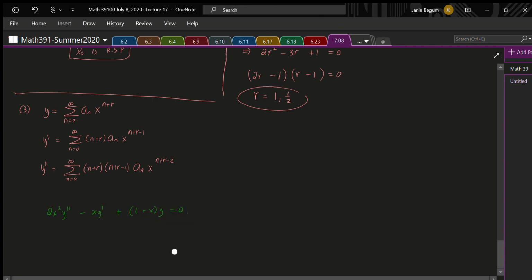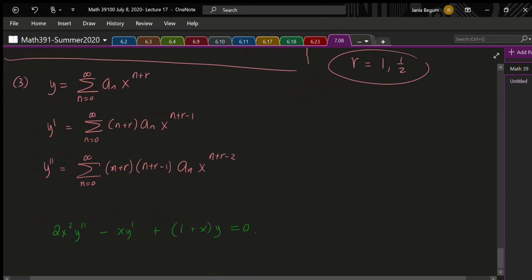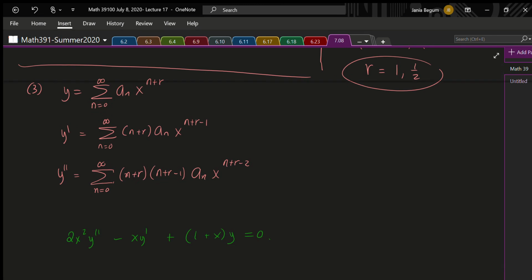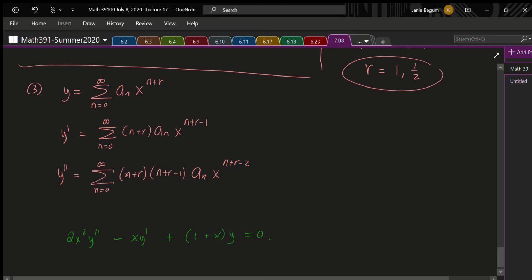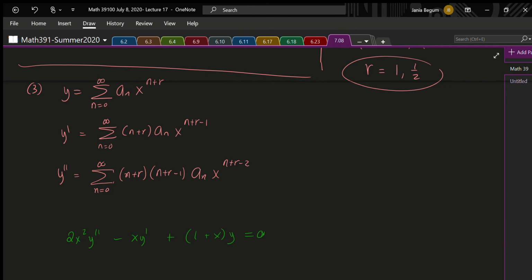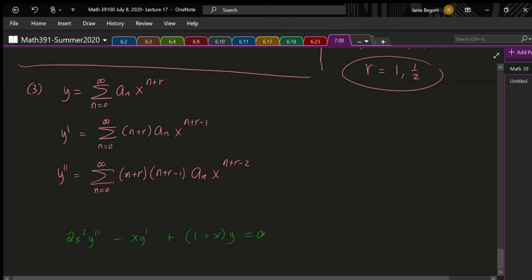Okay, so there we have it. We have our differential equation. Now plug in these expressions for the summations. For this problem, I am going to keep track of the indexing, but later on we will stop doing that. So for this one, be very patient.